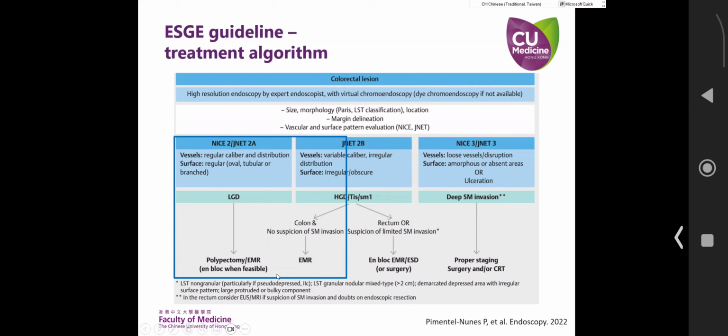So either use conventional EMR or underwater EMR, which should try to achieve an en bloc resection. But even if you unluckily get a piecemeal resection, these lesions are still okay if you determine this is a low-grade lesion.